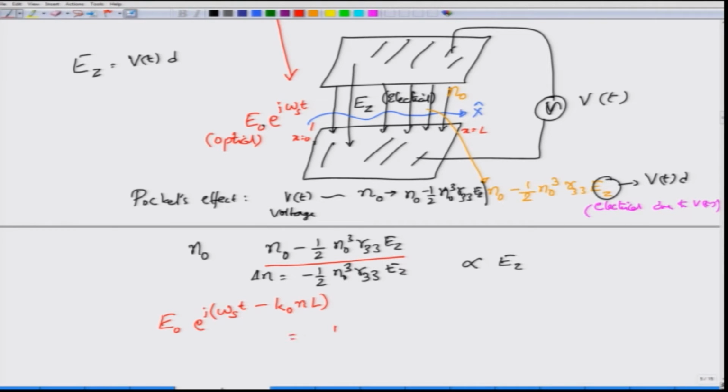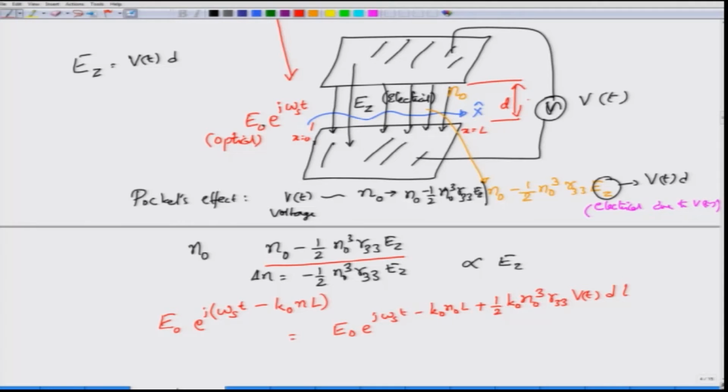So I can rewrite this as E0 e power j omega s t minus k0 N0 L plus half k0 N0 cube R33 V of t over d into L, where d is the separation between these two plates.